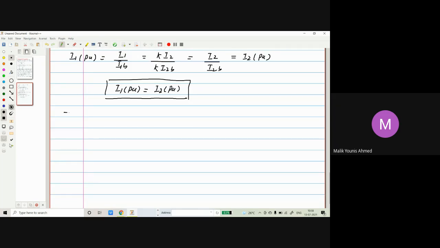I can again write here for your information: primary and secondary currents are the same when represented in per unit. So the values of the currents will remain the same when we are talking about per unit analysis.